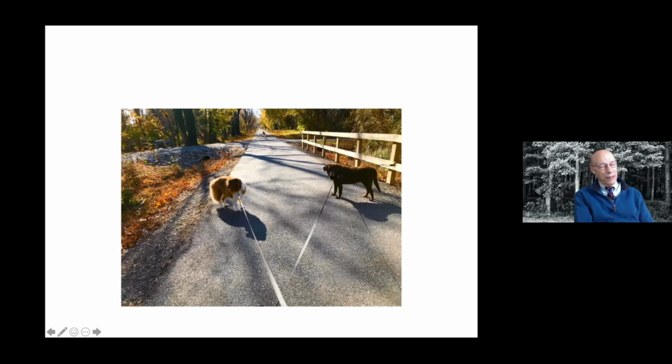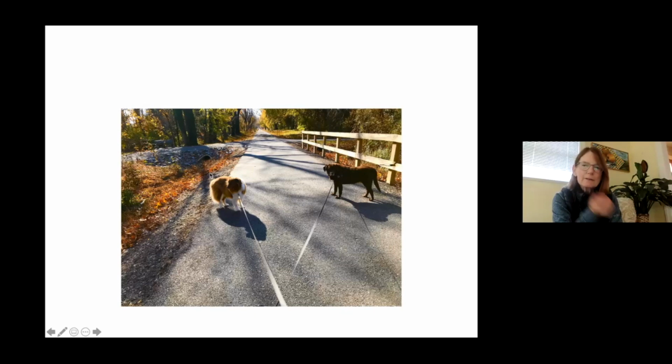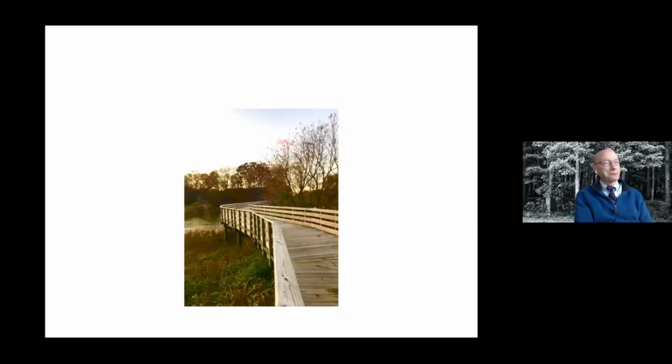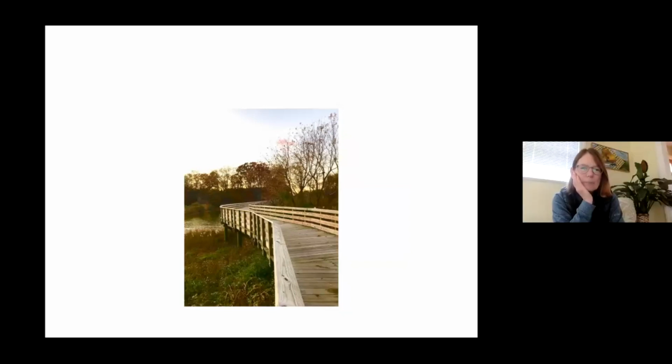I went down the path, but I didn't stay down there because these attracted me. So it's clear what the subject is. It's not the path. Well, they're the beautiful dogs. Yes. Okay. Next one.